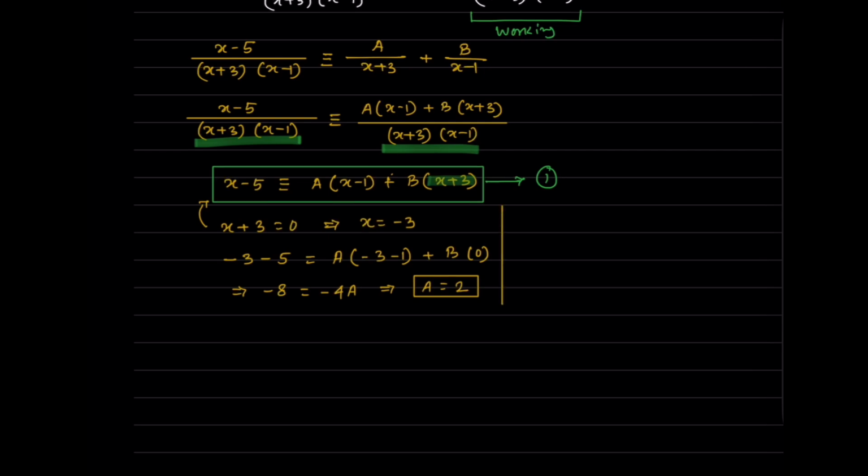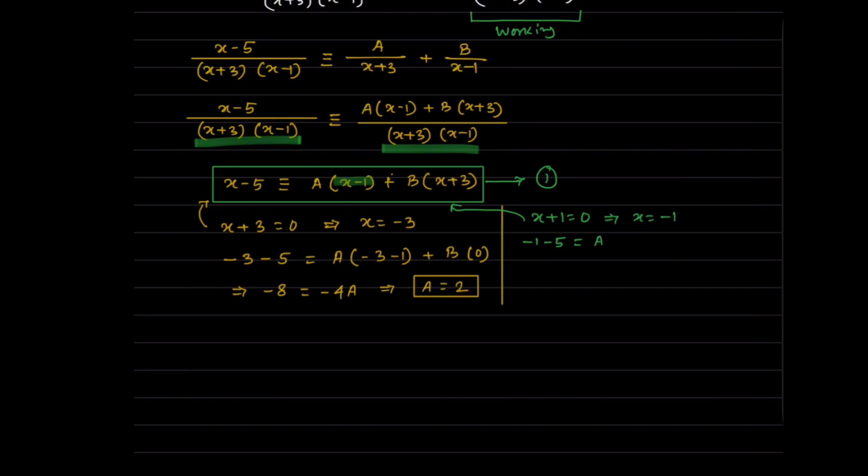Similarly, now we take the second one: x minus 1, this factor is 0. So we can write x minus 1 equals 0, or x equals 1.